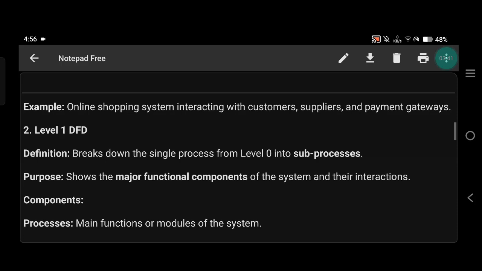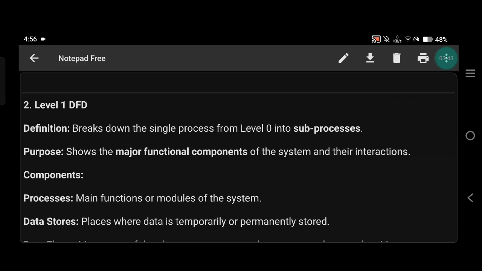See, level 1 DFD, meaning here the big system is broken into major parts or functions. What it shows: how these main functions work, how they talk to each other, and where they store or receive data.